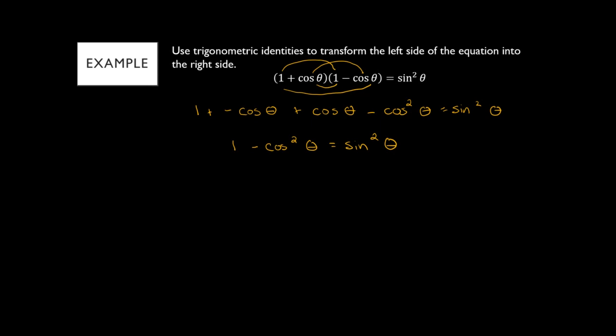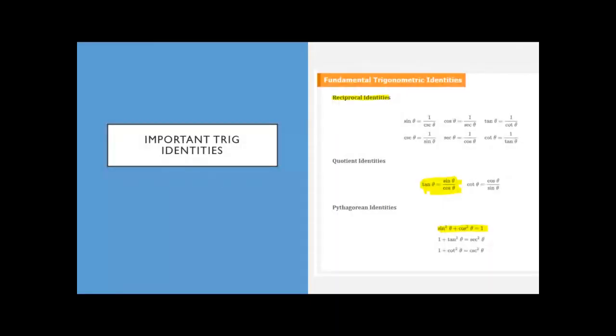So now from here, it's like, okay, well, what do we need to do? We need to somehow get rid of cosine and turn it into sine squared. So we're using our trig identities. So I'm going to go back to our list. I would use the Pythagorean identity that I've highlighted here. That's sine squared of theta plus cosine squared theta equals 1.